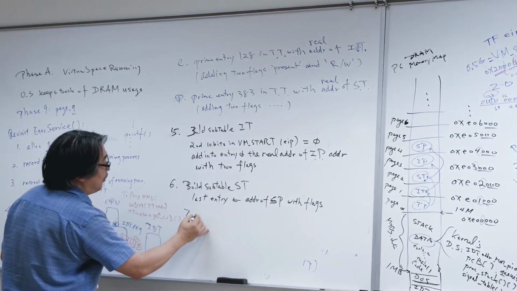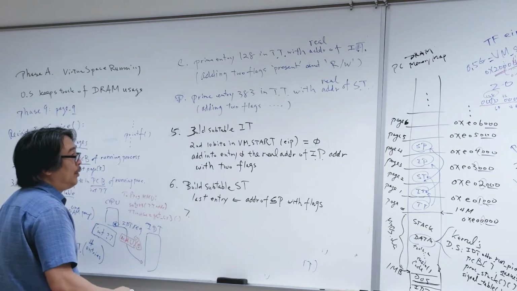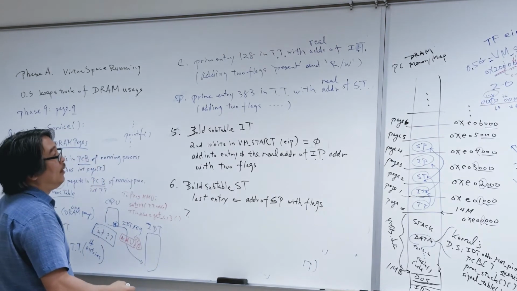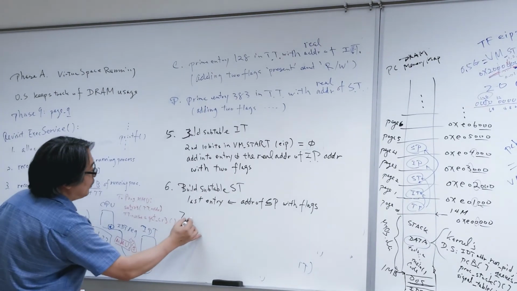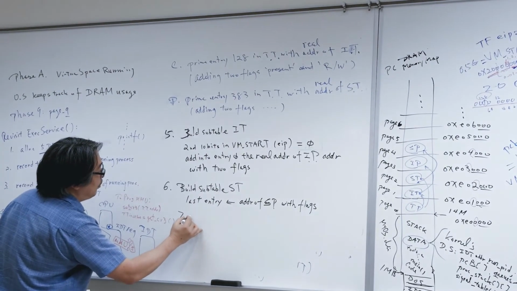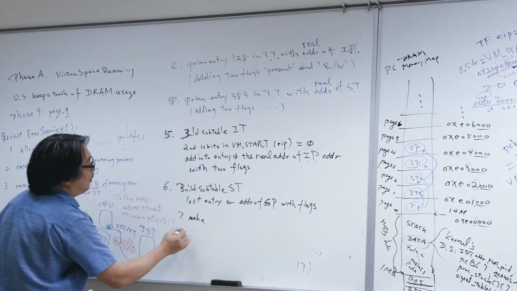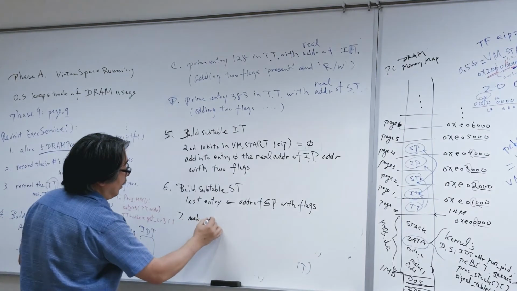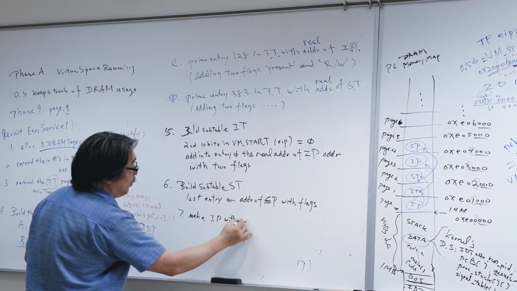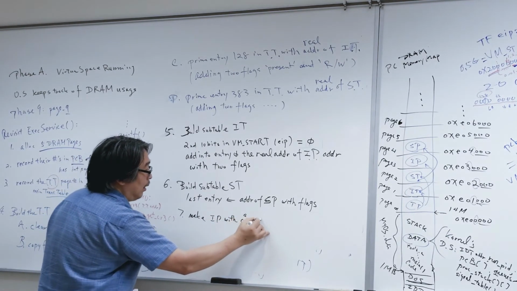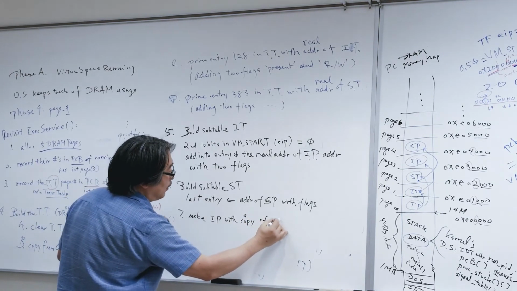So wait a minute. We haven't built the content yet of the instruction page and the stack page. So we're going to make, I don't want to say build tables, I say make the instruction page with a copy of child stuff.